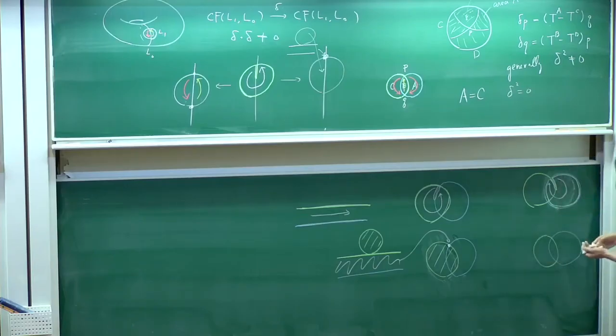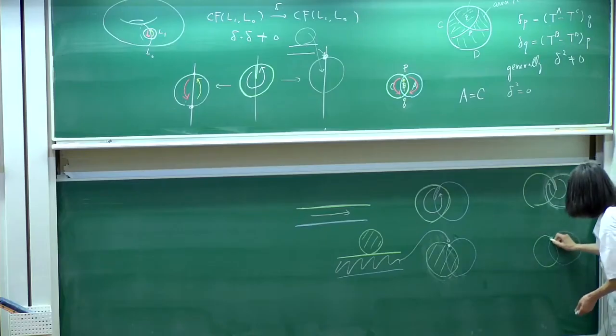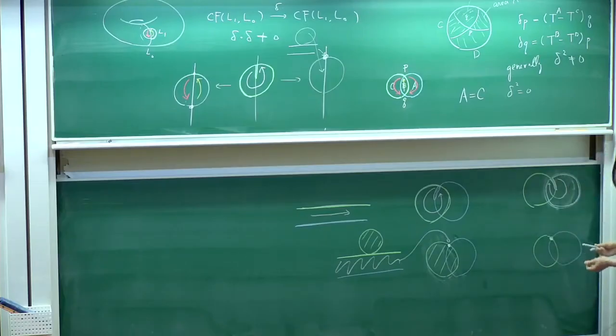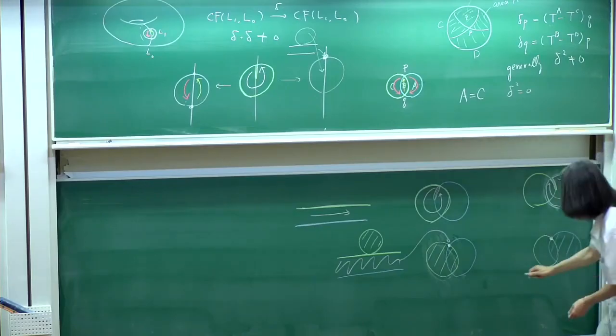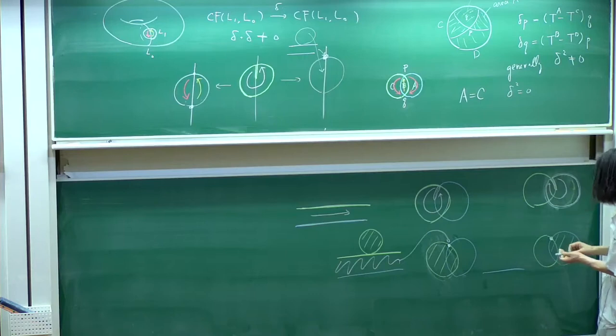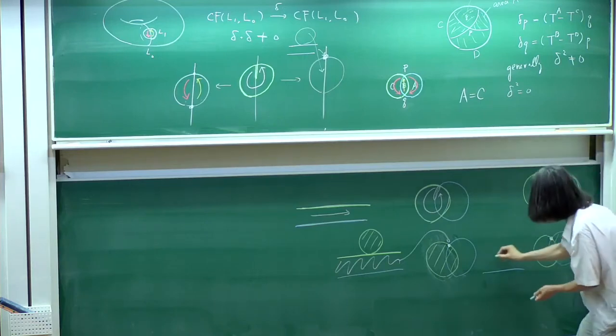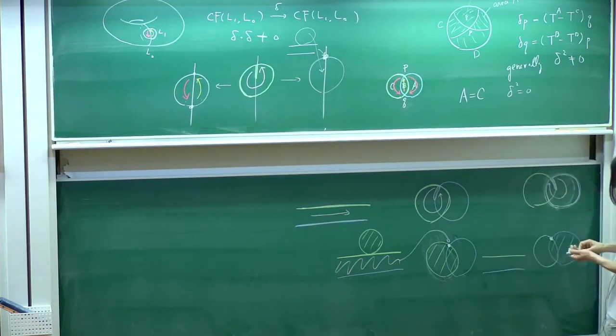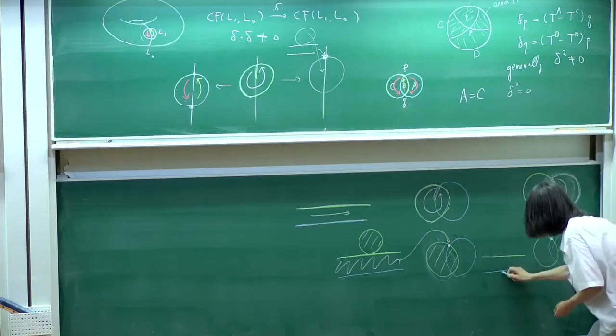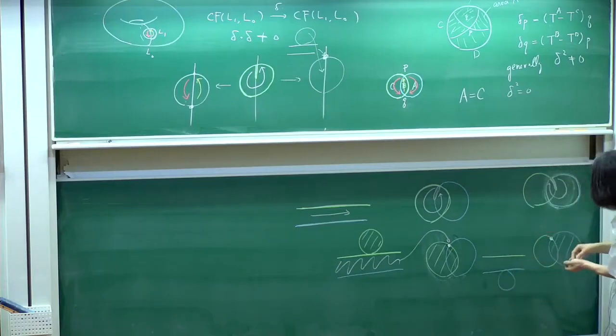And everything is actually mapped to here. And we have another one here. So the other end is somehow this one and this one. And I have a blue disk attached to here. And everything here is actually mapped to here.